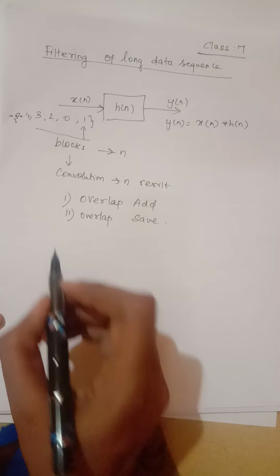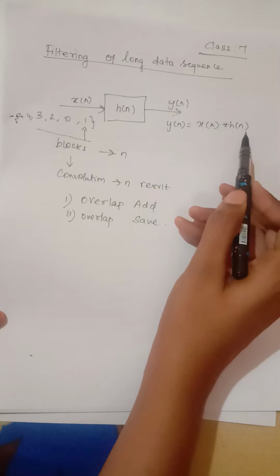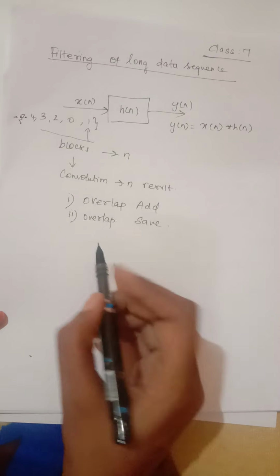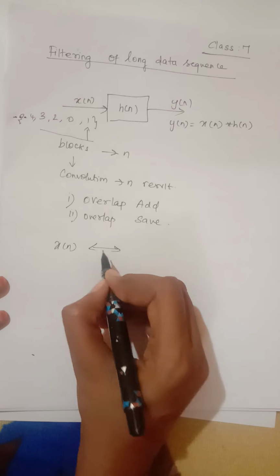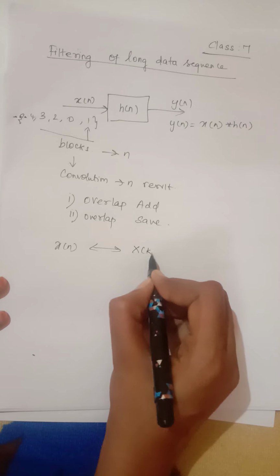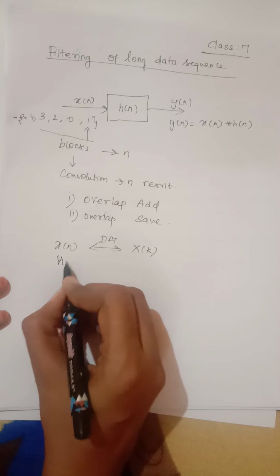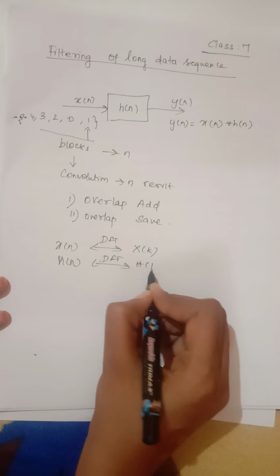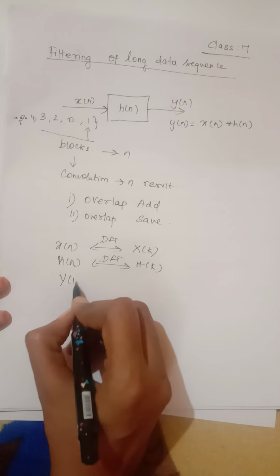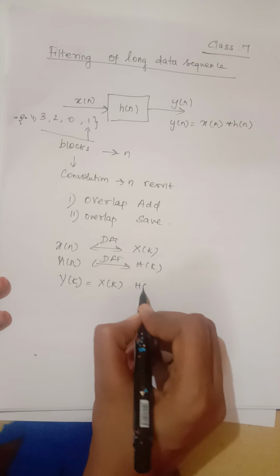Next, if you want to obtain the output, either you can perform convolution, or you can perform a transformation. Since it is discrete time, we use the DFT. Similarly we perform the DFT for the impulse response h of k. Then we obtain y of k, which is x of k into h of k.